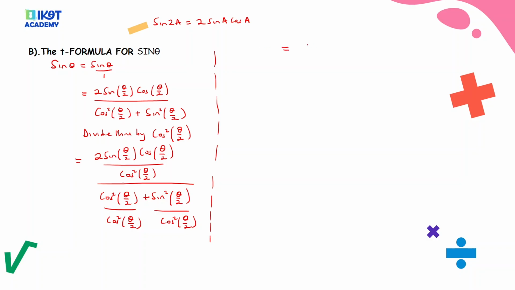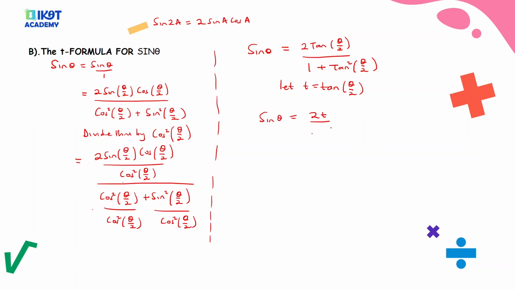So here we're going to have 2 tan theta out of 2 out of 1 plus tan squared theta out of 2. This is sine theta. Still we're going to let t be equal to tan theta out of 2. Now sine theta is 2t out of 1 plus t squared. This is the formula for sine.